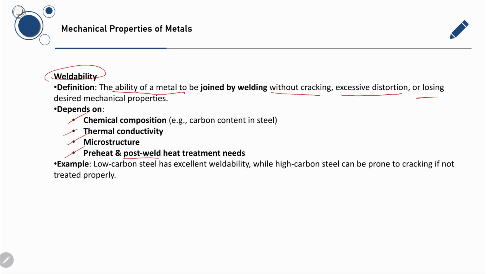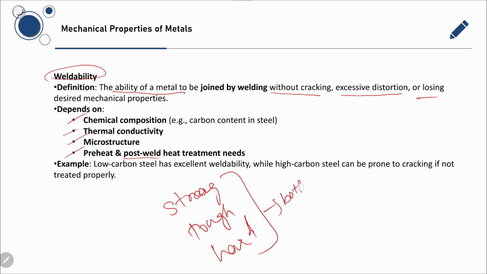Good weldability means you can make sound joints reliably and economically while keeping the part's required strength, toughness and hardness in both the weld metal and heat affected zone. Next, we will look deeply at chemical composition.